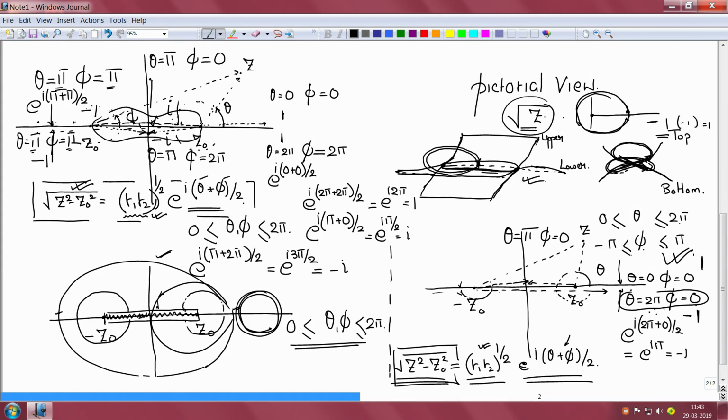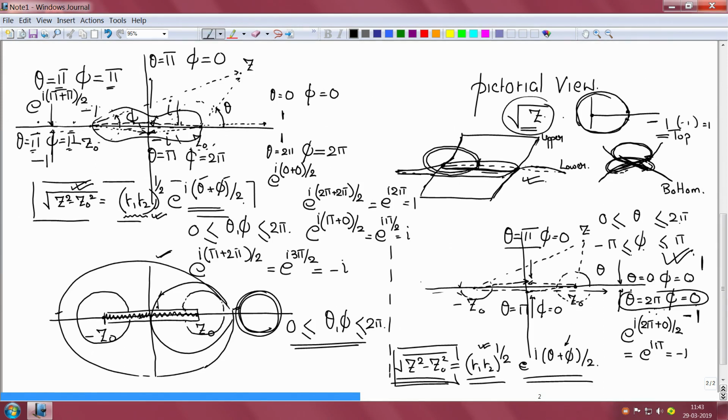If we approach from below, theta for this case is still pi, and phi is still 0. So, theta and phi have the same values approaching from above and below. So, this function is continuous here.